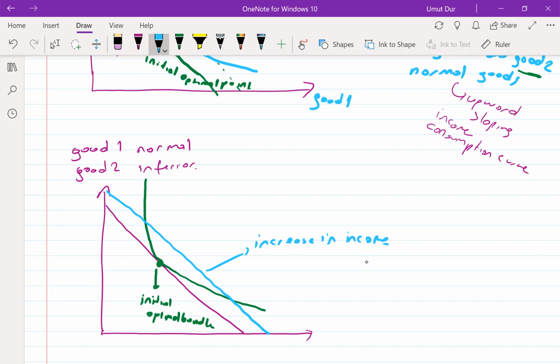So since good one is normal, does my consumption for good one increase or decrease? Artar mı benim consumption'ım good one için? It will increase. Herkes bunu görebiliyor mu?